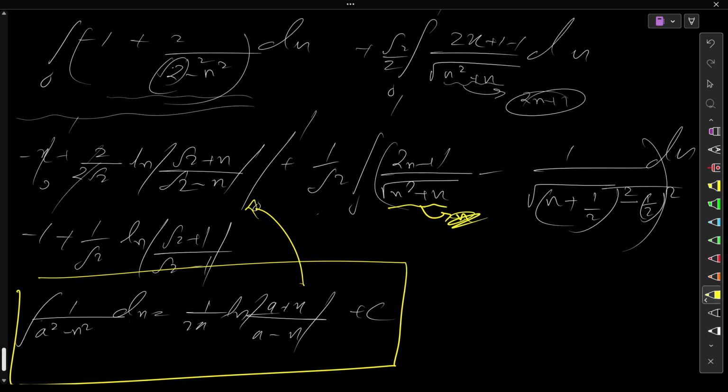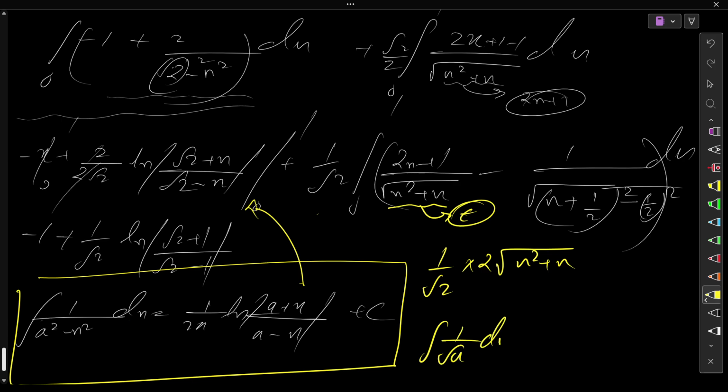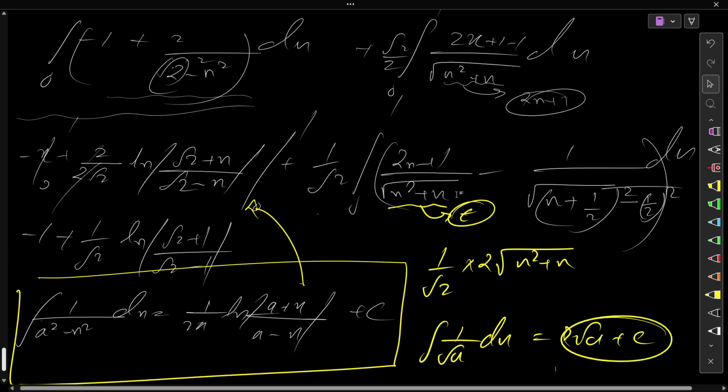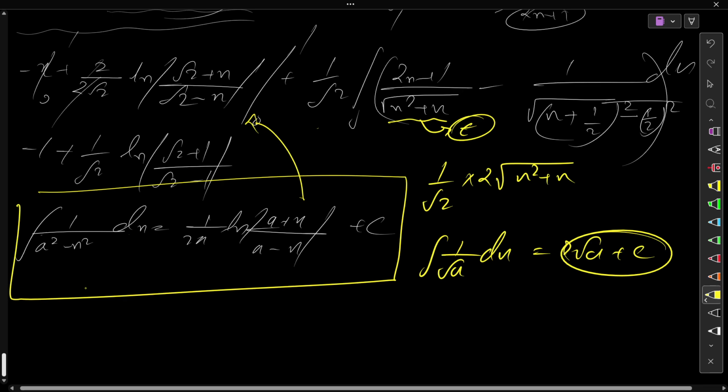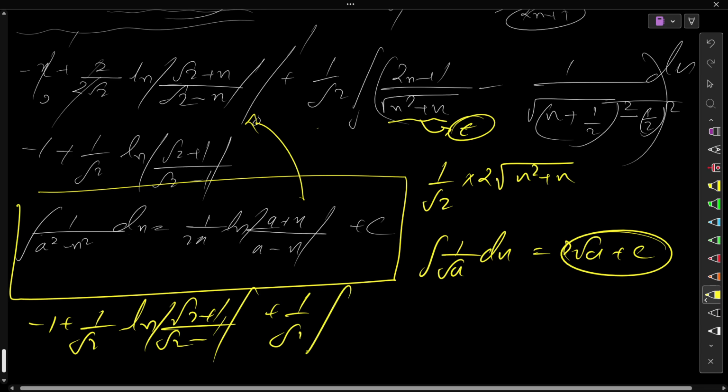Here I'll take x square plus x as t. From there I'll get 1 by root 2 multiplied by 2 under the root of x square plus x. Why? Because the integral of 1 by root u du is equivalent to 2 root u plus c. So in this case, this could be written as minus 1 plus 1 by root 2 ln mod of root 2 plus 1 divided by root 2 minus 1, plus 1 by root 2 integral from 0 to 1.